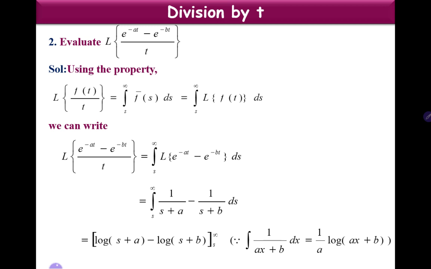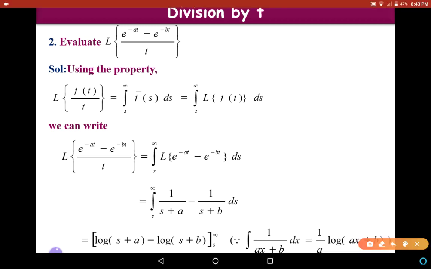What happens if we directly apply this upper limit infinity here? We get log infinity minus log infinity, which is not defined. But we can further simplify this term and then we can apply the upper limit infinity. We cannot directly apply upper limit infinity here, because that gives an undefined quantity. So, you should observe this point here.